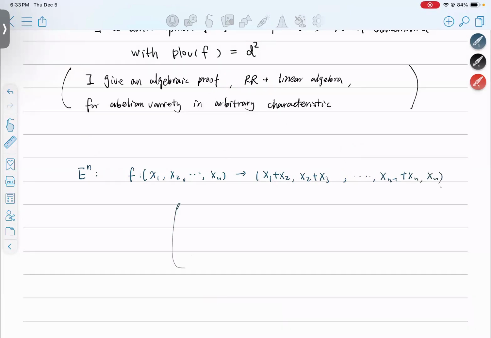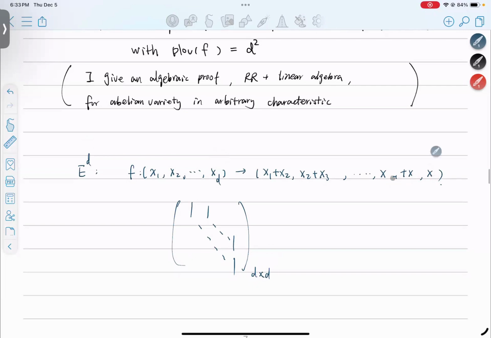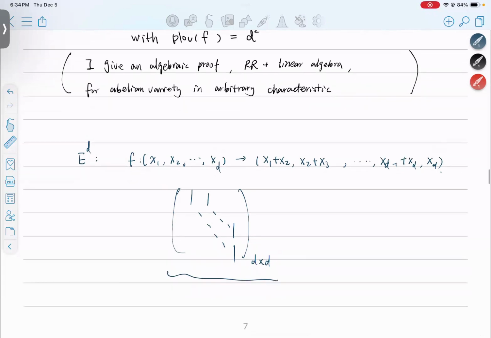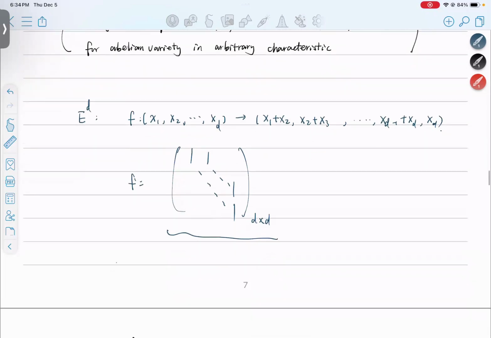So just look at the standard unipotent matrix, so e to the d. Then we can show that for this automorphism f, Plov of f is d squared.